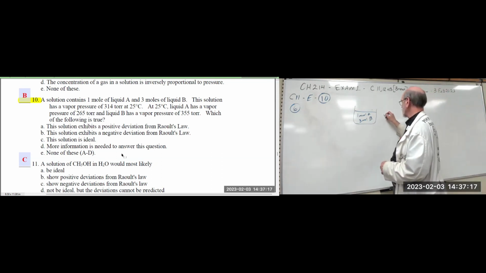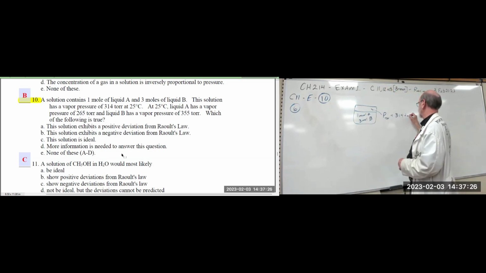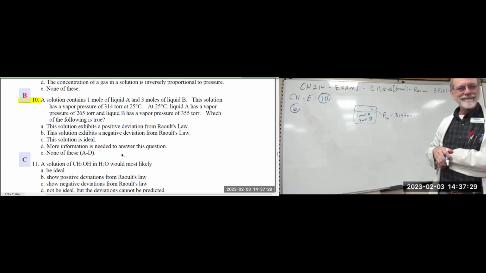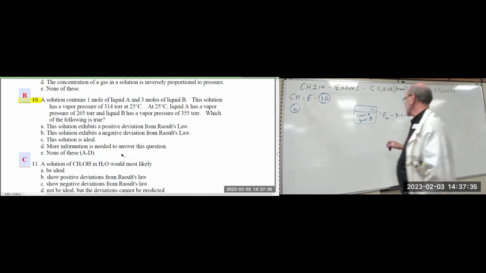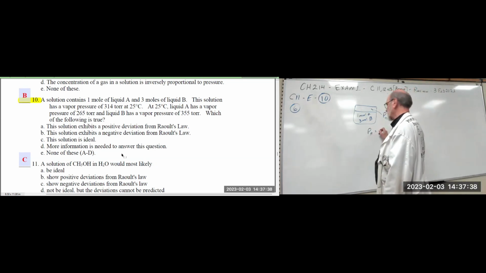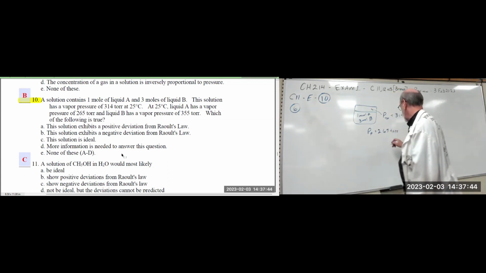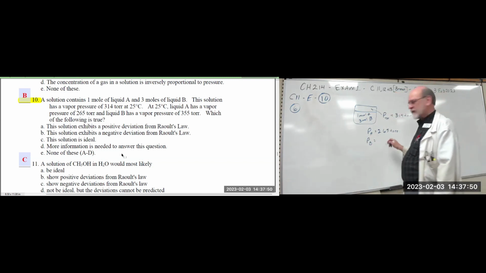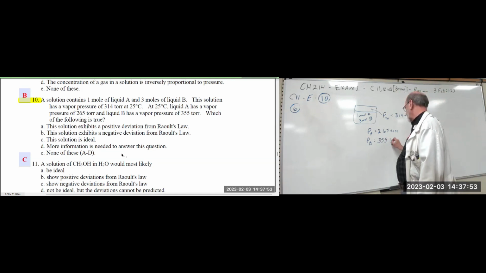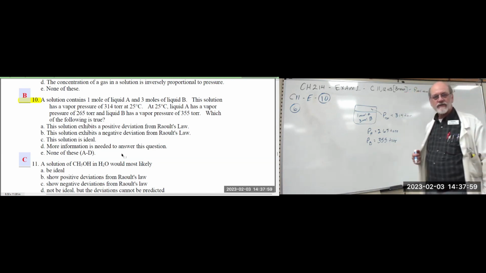So the total vapor pressure right here is equal to 314 torr. Still at 25 degrees, pure A has a vapor pressure of 265. So PA equals 265 torr, and pure B is 355 torr. Which of the following is true?